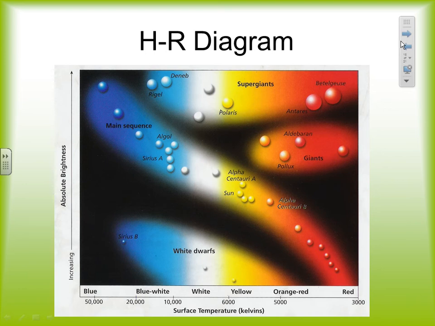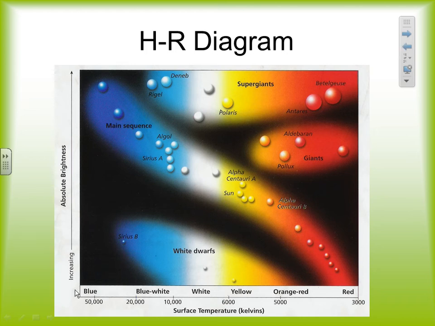Notice, like I said, it's a graph, so it has two axes, right? An x-axis and y-axis, and on those two axes are surface temperature, relating to the color, and the absolute brightness. Now I don't understand why on this graph, the x-axis runs from the highest temperatures on the left to the coldest temperatures on the right.